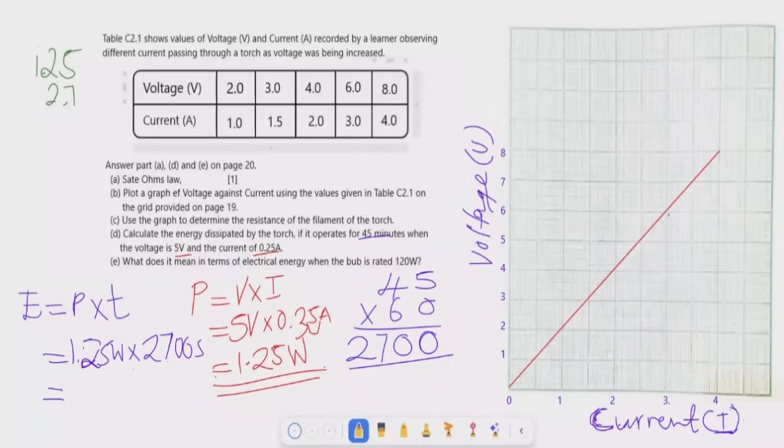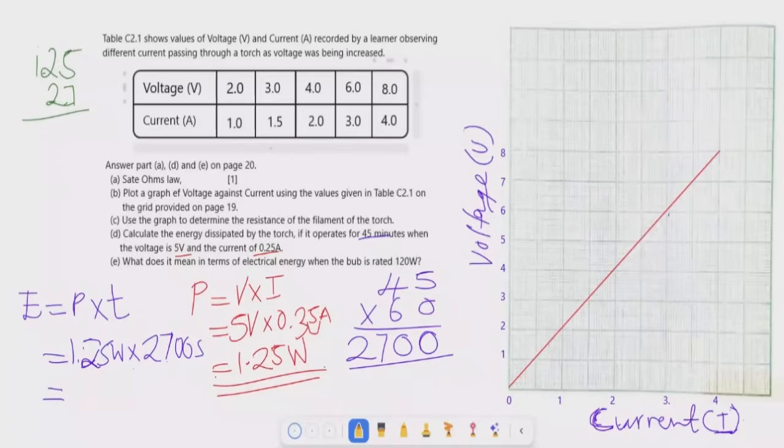If you don't understand this, I can tell you why I'm multiplying 125 times 27. I just want to not deal with the decimal number. I've used the 2 zeros to move the point to the right side so that it becomes a whole number. It should give me the same correct answer as if you had multiplied 1.25 by 2700.